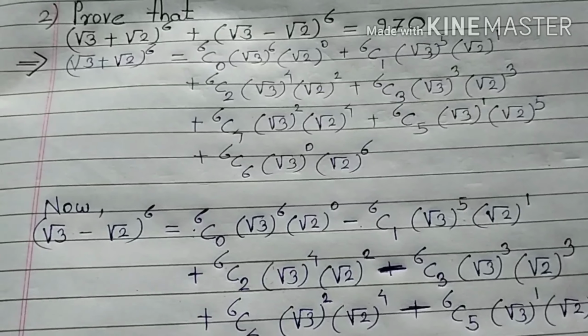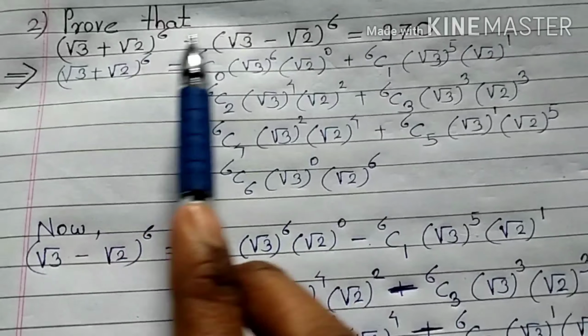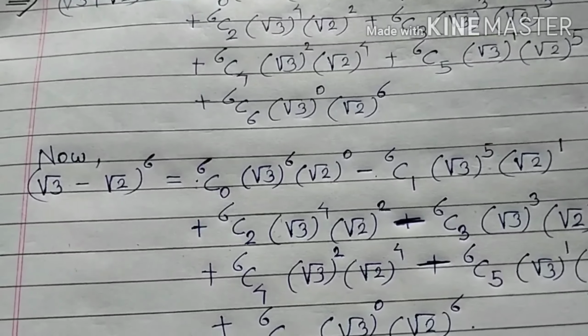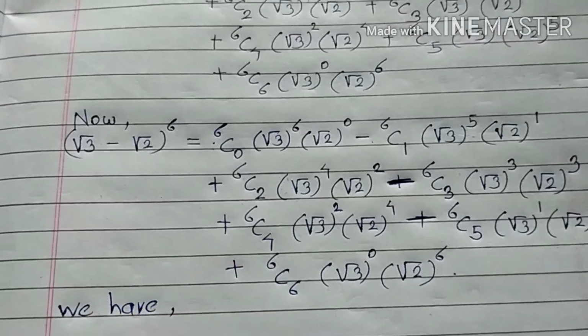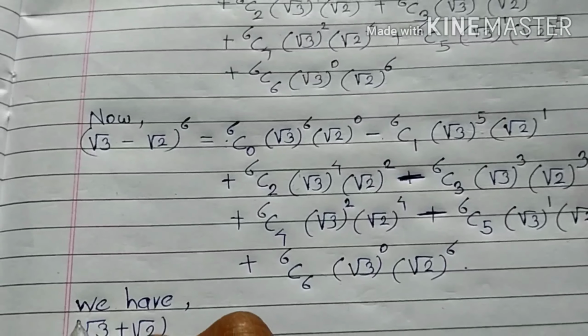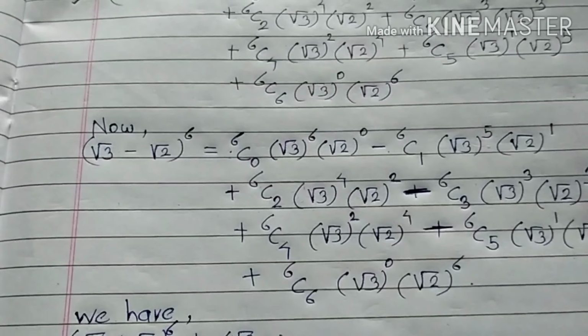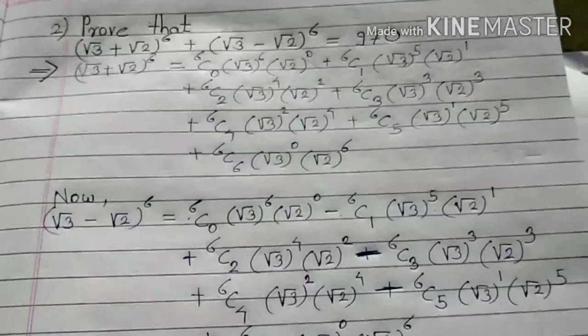Now you can observe, sorry, you have to find the addition of these two terms. So we have (√3 + √2)^6 + (√3 − √2)^6, which is equal to.